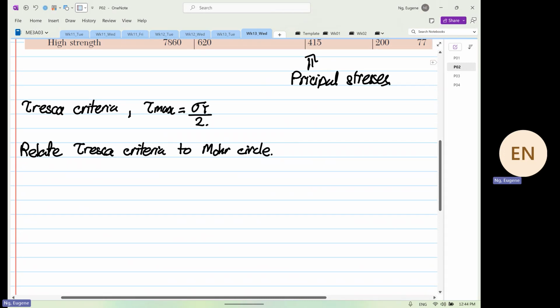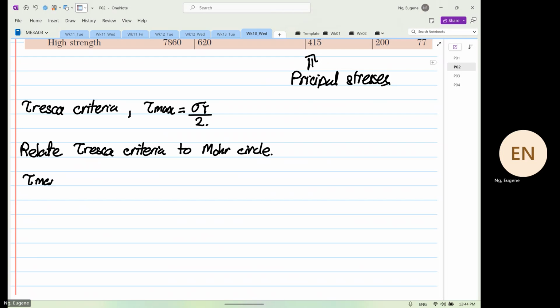So the first equation we're going to look at is tau max will be equal to half stress max. And this is our equation number 2.